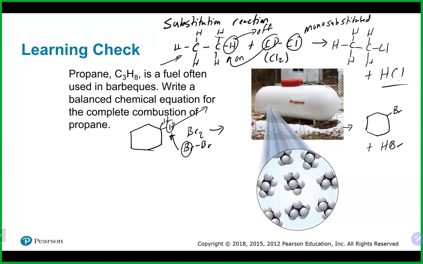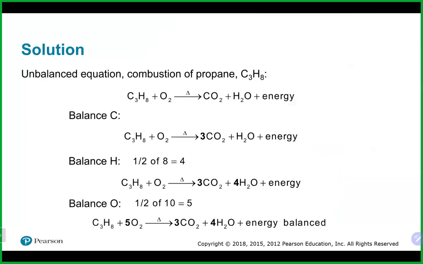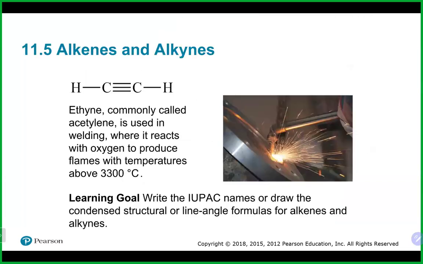Other questions? All right, then we're going to look at the next couple of organic groups, which are alkenes and alkynes. Alkenes need to have at least one carbon-carbon double bond.